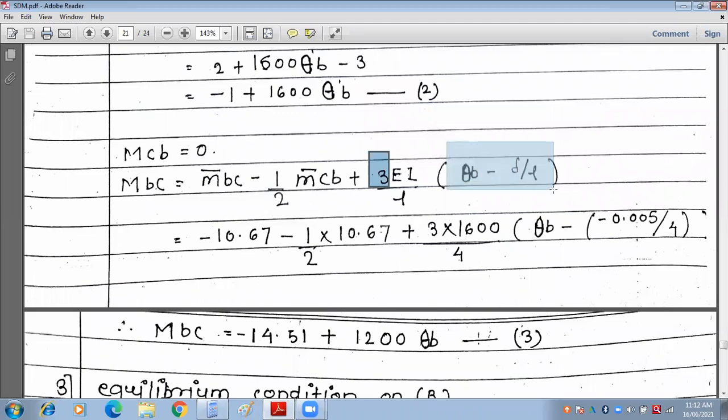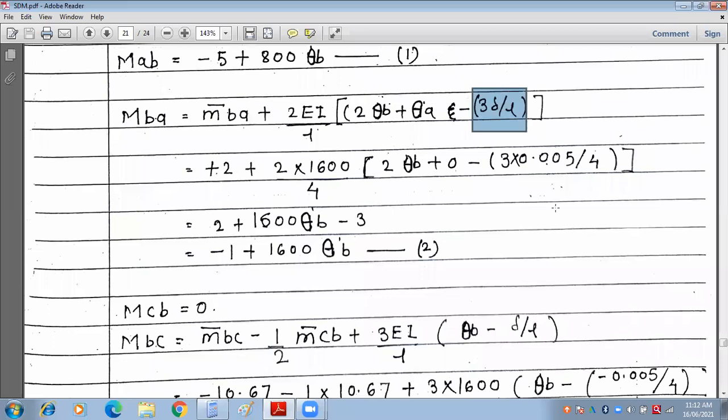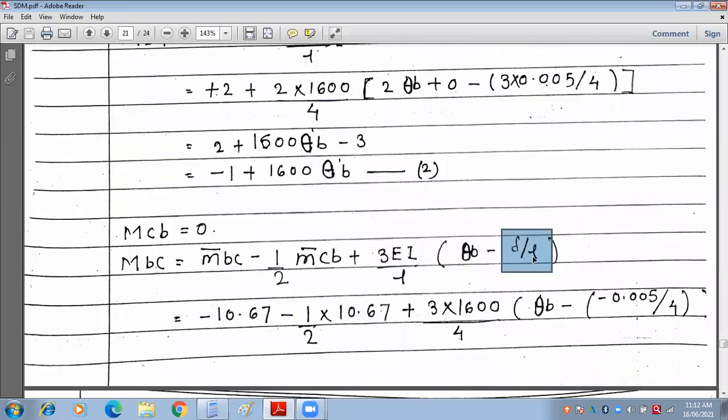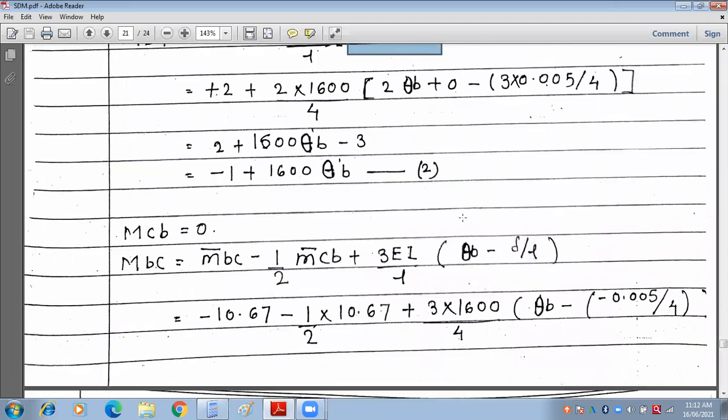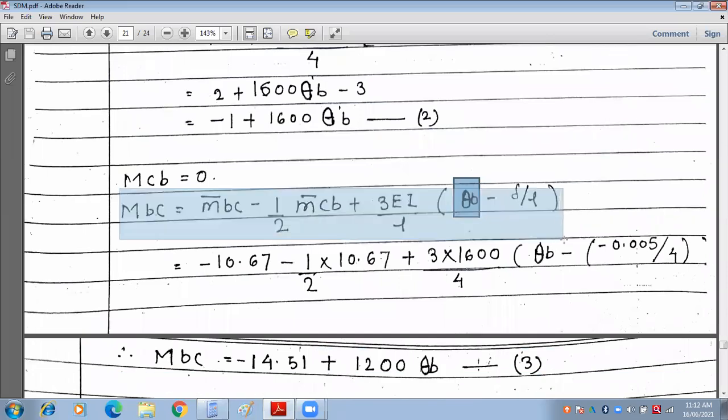Here this one is the modified equation, theta B minus delta upon L. The previous equation, it contains 3 delta upon L. Now here is the only delta upon L. Previously here 2 EI theta B is the term, here only theta B is the term. Okay, this one is the modified formula used because support C is simply supported.